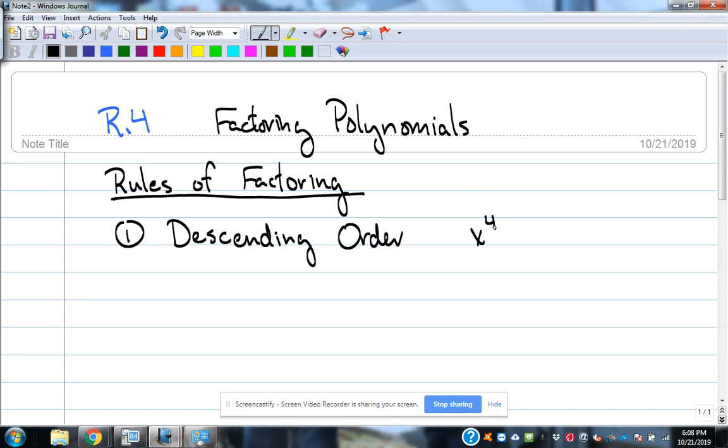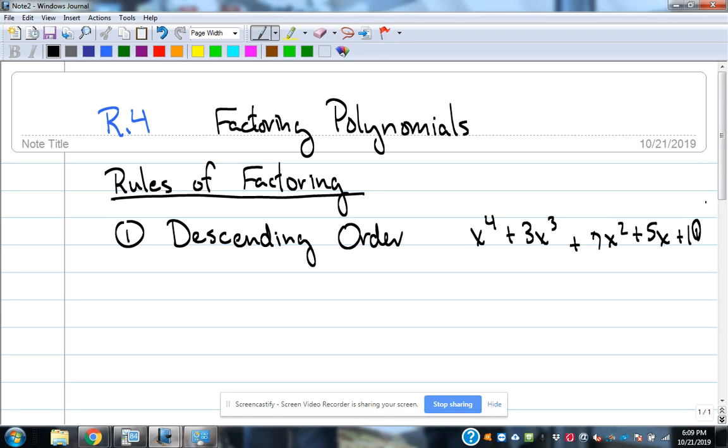That means you start with x to the 4th power, and then you have x to the 3rd power, and then you have the x squareds, the plain x's, and then the plain numbers are always last. Okay, so make sure the problem is in that descending order first.